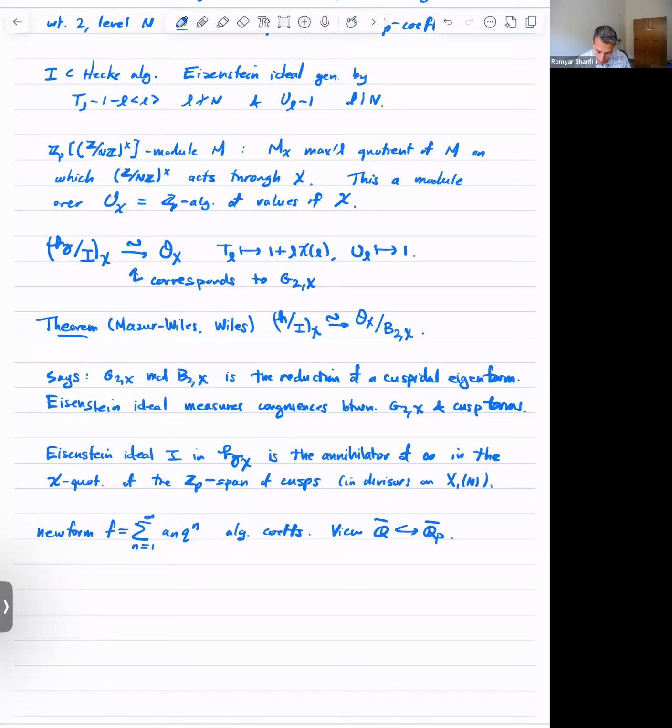And then the coefficients generate some finite rank Z_p algebra, in fact, O_F.